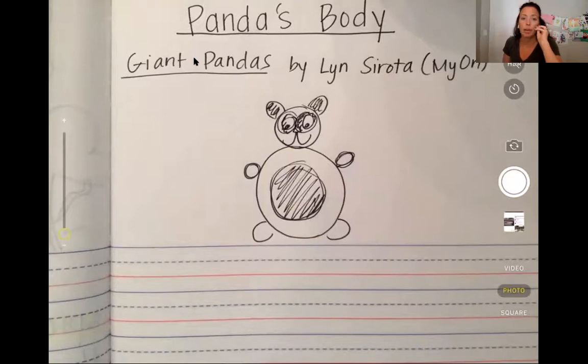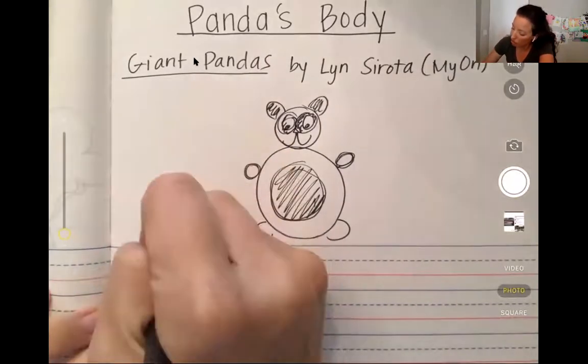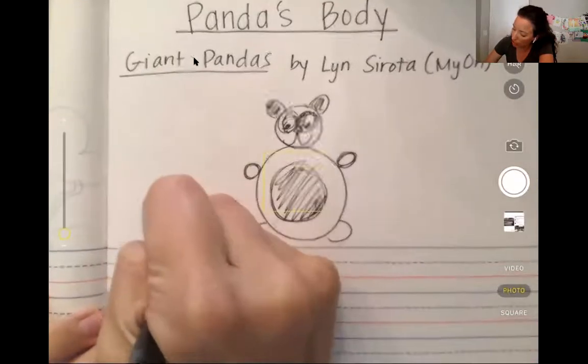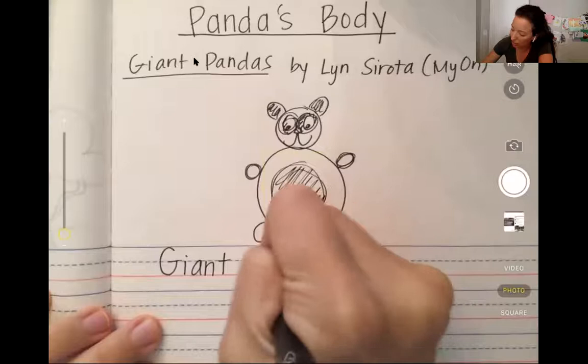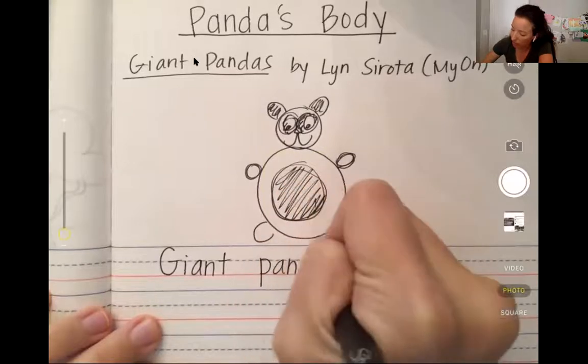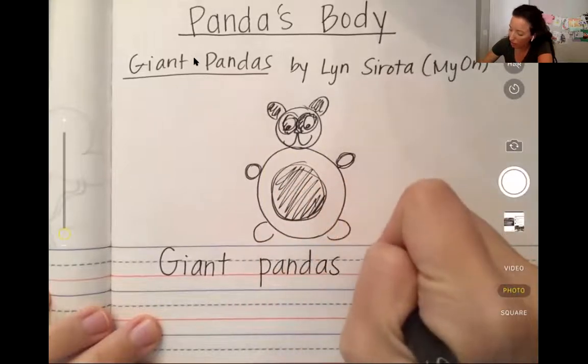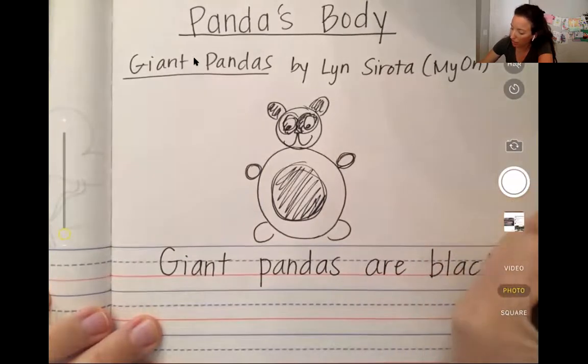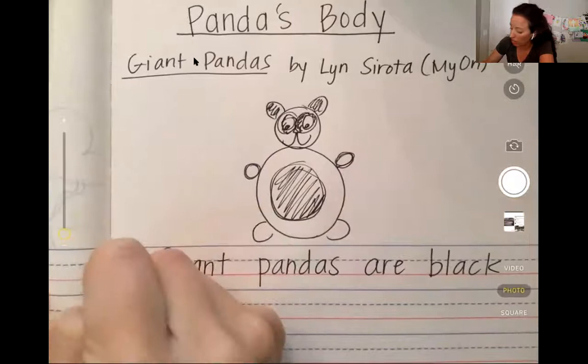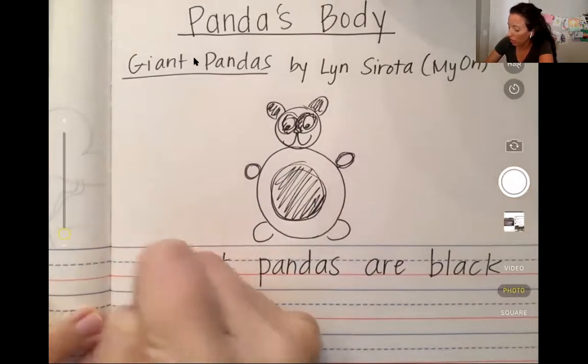And I'm going to write my sentences about the panda. So, giant pandas are black and white.